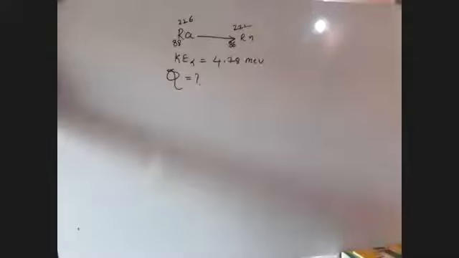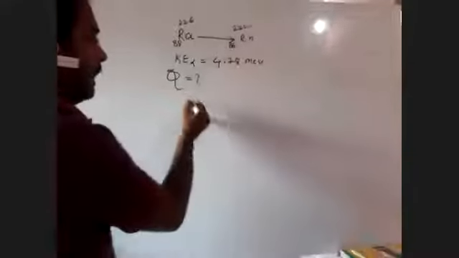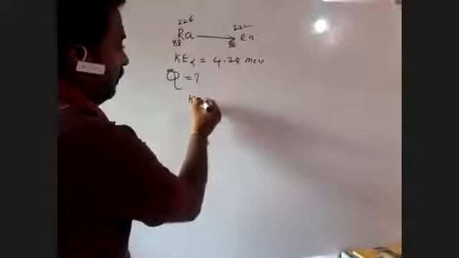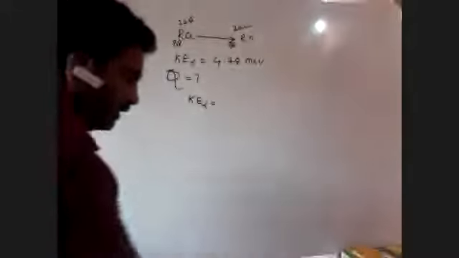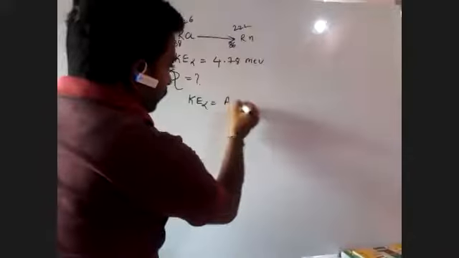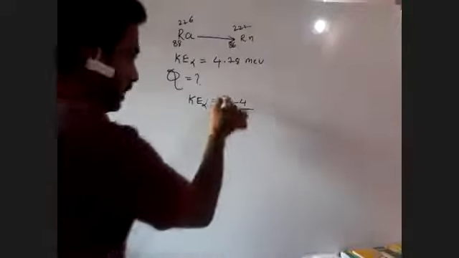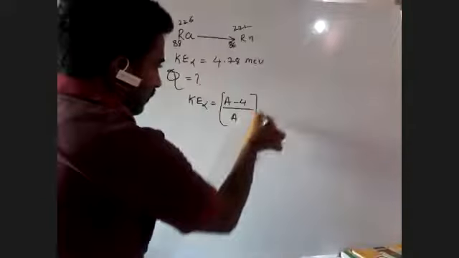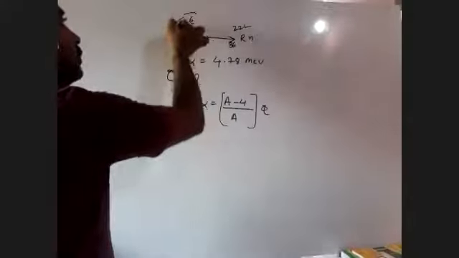The question is Q. So just now we have discussed the formula for the kinetic energy of the alpha particle: KE alpha equals A minus 4 by A into Q. So what is A here? 226.